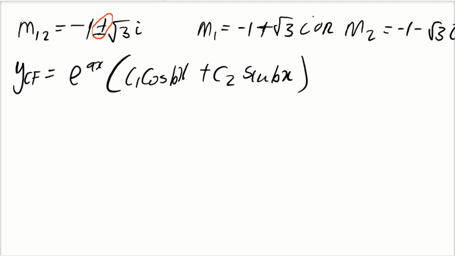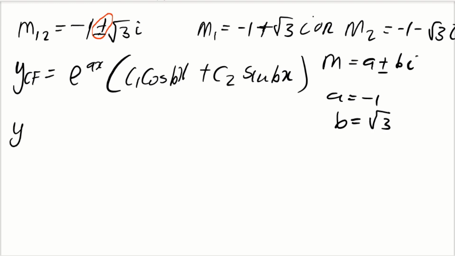Remember, for this m you can write m equals a plus or minus bi. This is your initial equation. So your a in this case is minus 1, and your b, as you can see, is root 3.